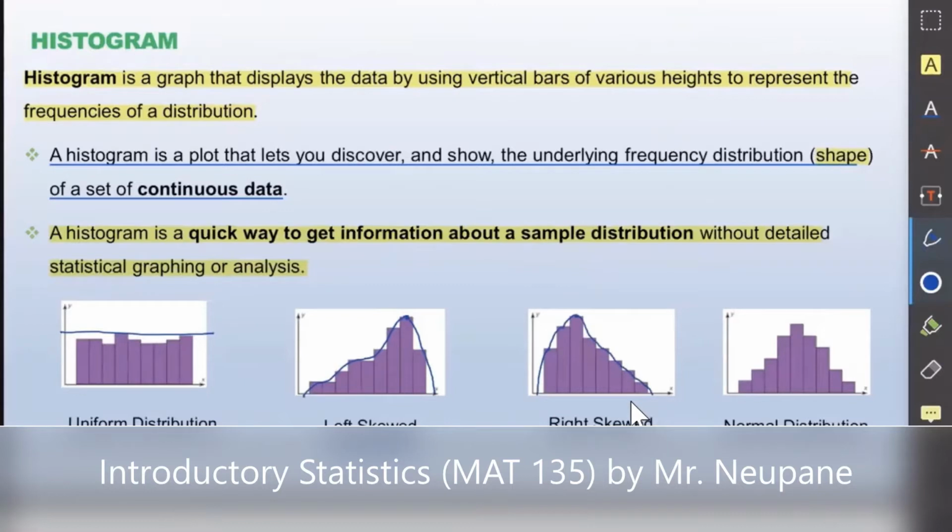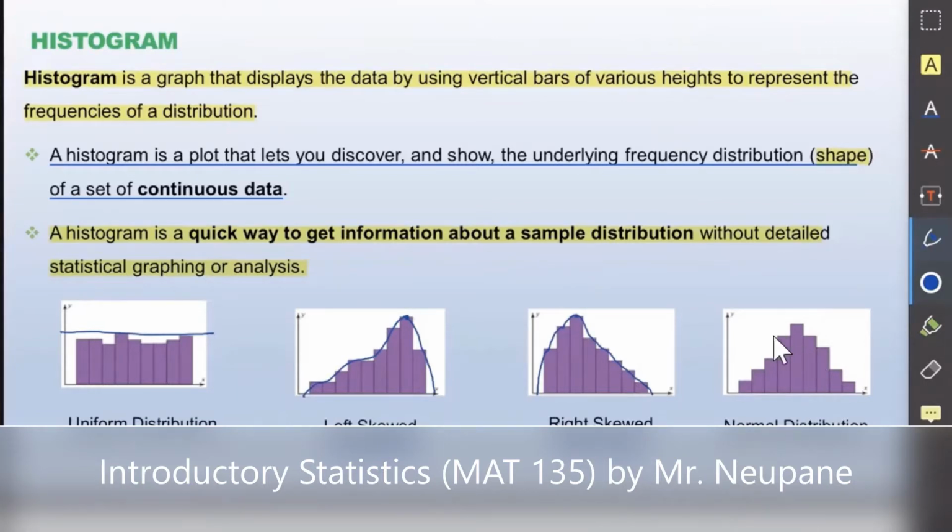So this type of distribution has more larger numbers in the data. Okay, more larger numbers in the data set. That's why it is called the right skewed. The long tail is towards the right, or positive numbers. So this is called right skewed or positively skewed. Let me write that, positively skewed.